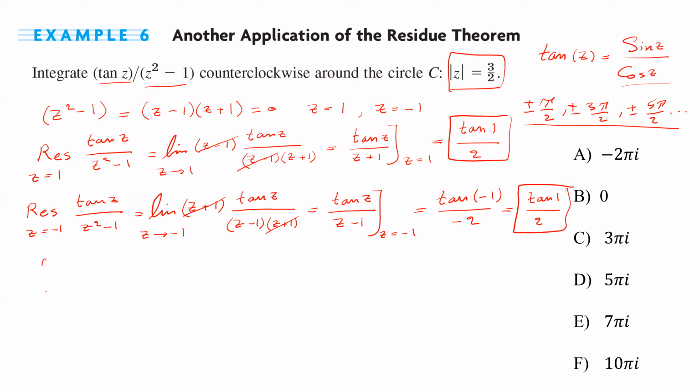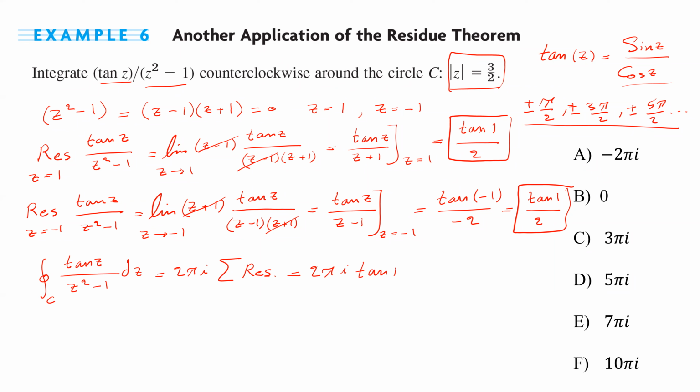So the integral over this circle C of tan of z over z squared minus 1 dz becomes 2 pi I times the sum of the residues, which is 2 pi I times tan of 1, because 1/2 and 1/2 becomes 1.